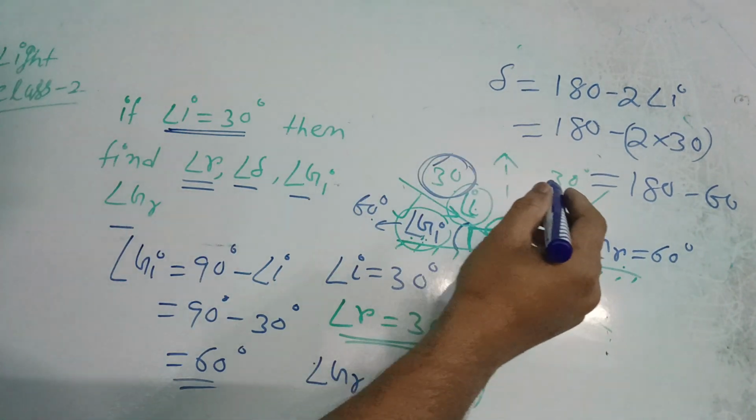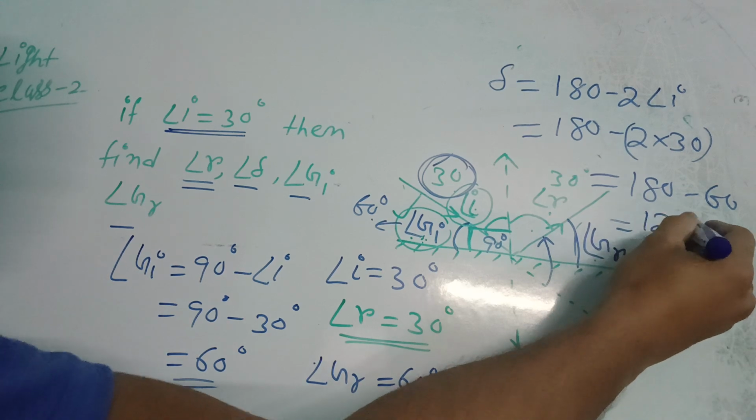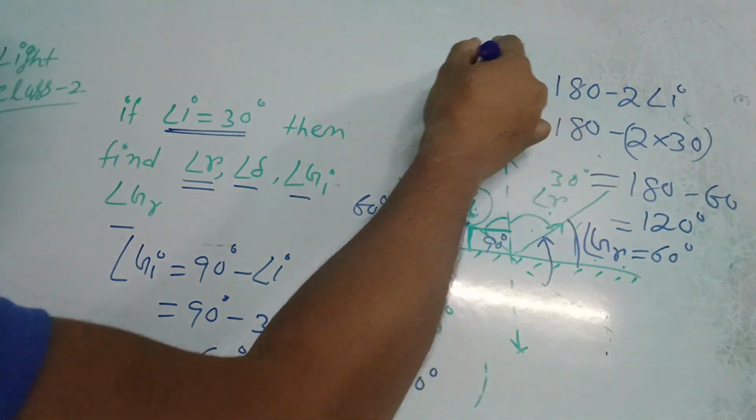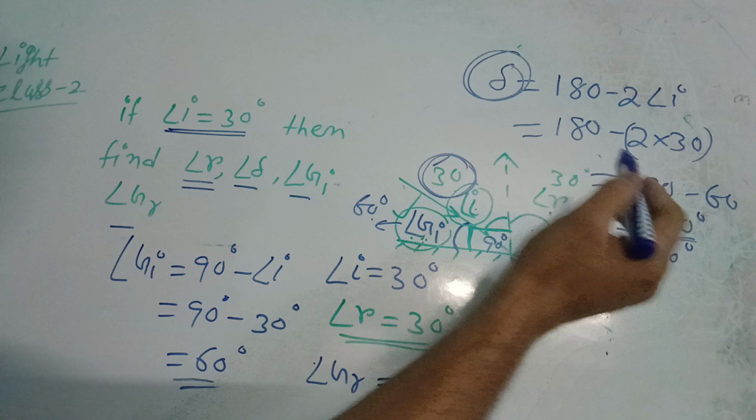It would be 120 degrees. So the value of delta is 120 degrees.